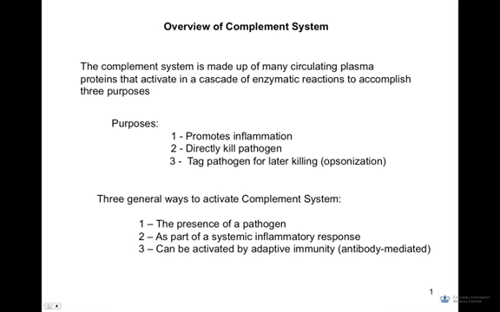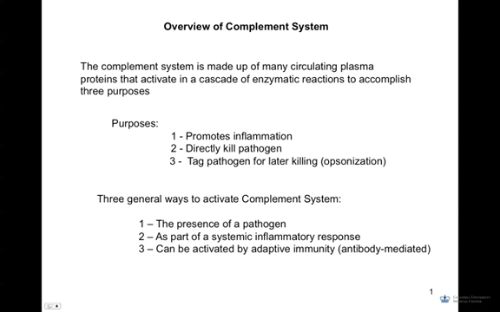Secondly, you can activate complement as part of a systemic inflammatory response, our acute phase response that I mentioned in class. This systemic inflammatory response, which we'll talk about later, involves the release of key proteins by the liver that increase the likelihood of complement activation.